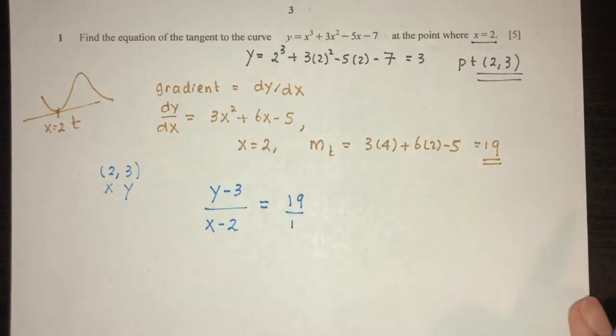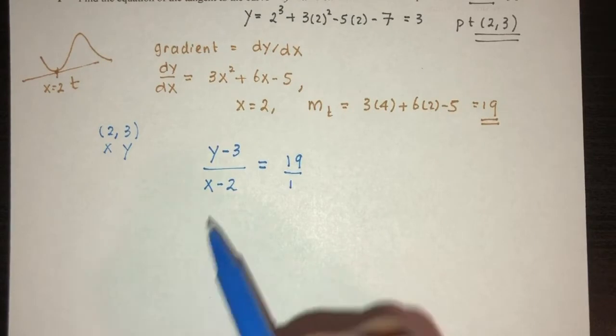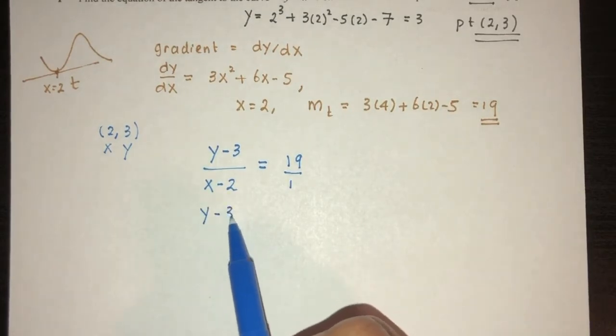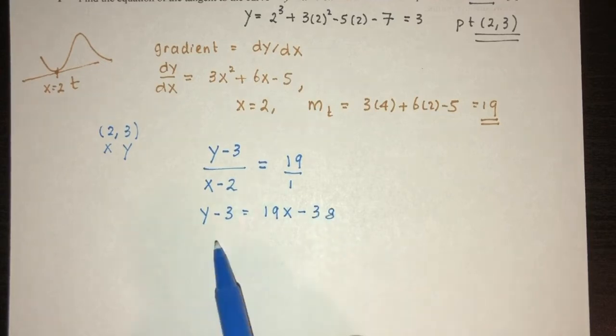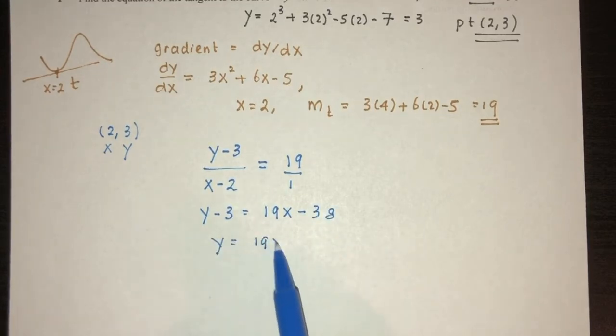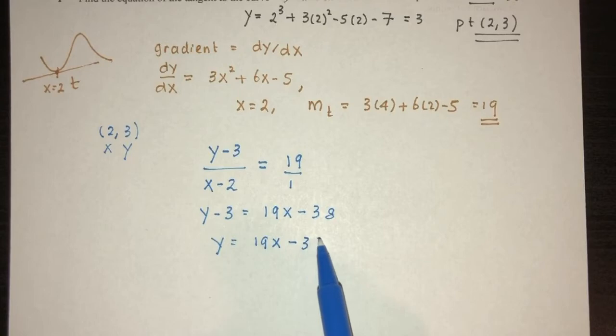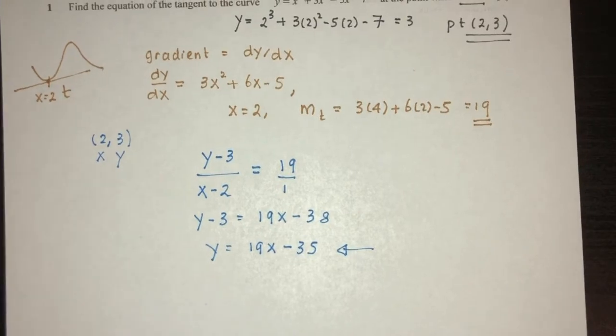Now we just have to cross multiply to find the values. y minus 3 equals 19x minus 38. So y will be 19x minus 35. That will be the equation of your tangent at this point of the curve. That is your question number 1.